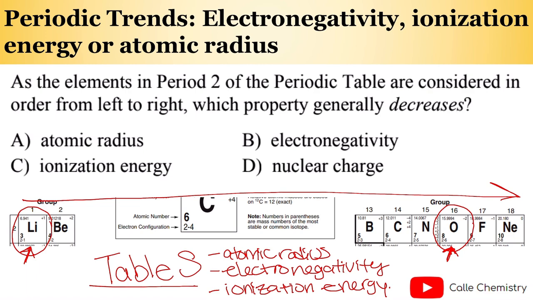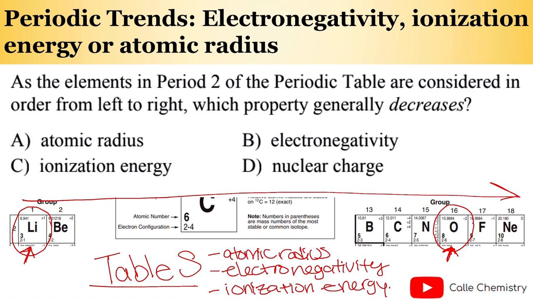As you go from the left to the right, electronegativity increases, so there's a stronger pull between the electrons and the protons. There's a stronger attraction, so they're getting closer to one another. Ionization energy also increases, so the energy required to take away an electron increases, and it becomes more difficult to take away an electron.